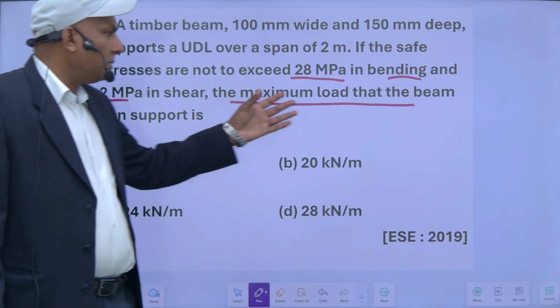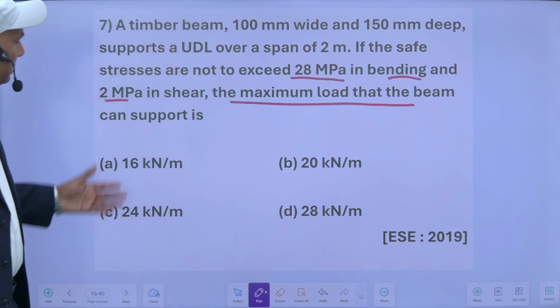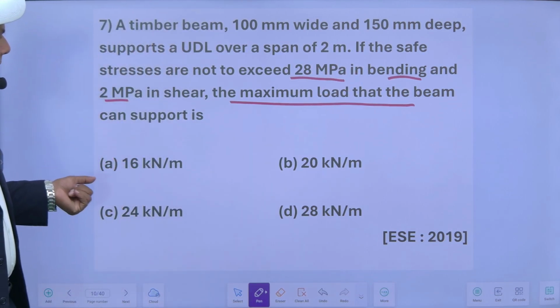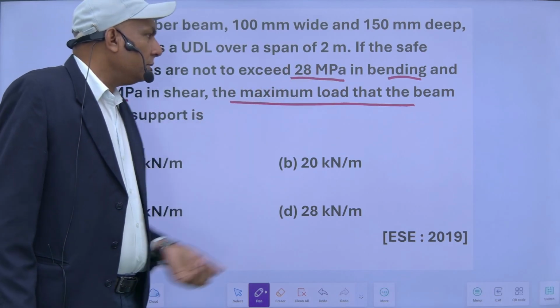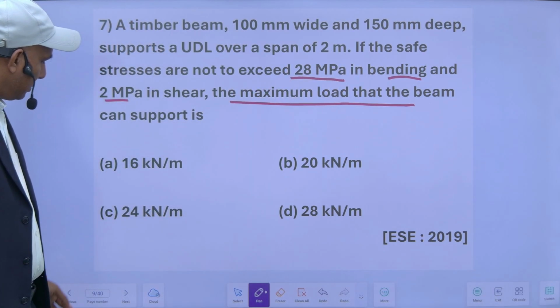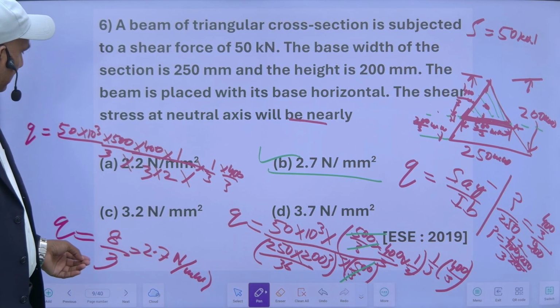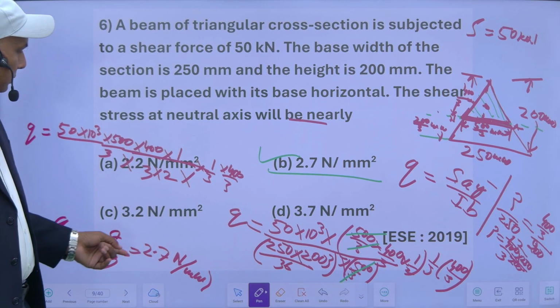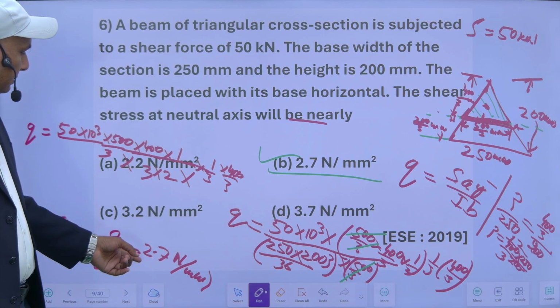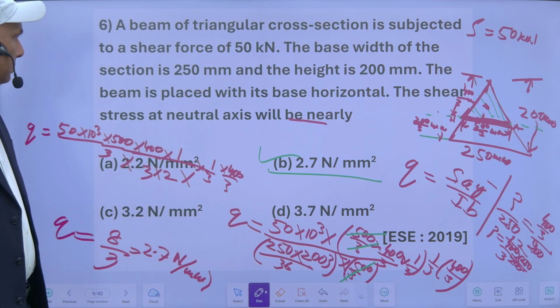The maximum load that can be supported is the least of the two, in bending and shear.